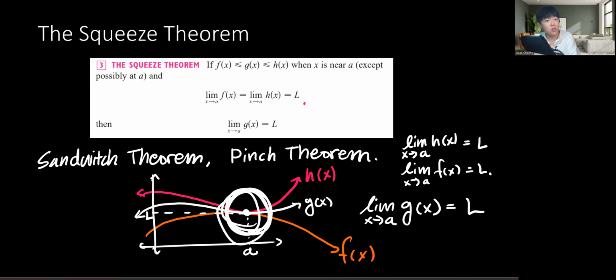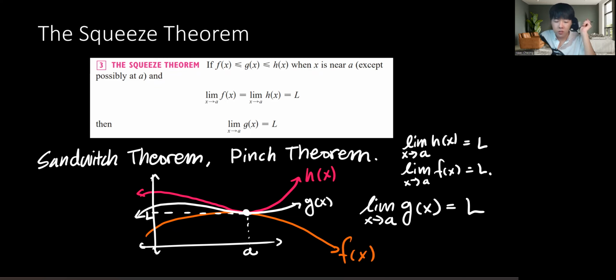And because h(x) and f(x) go to the same limit, the middle function gets squeezed and will also get the same value as h(x) and f(x). Does that make sense? So this is the sandwich theorem, the squeeze theorem.